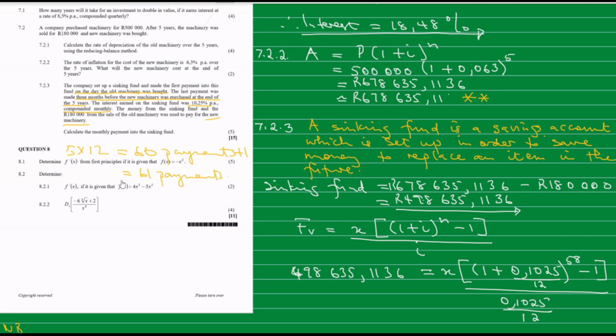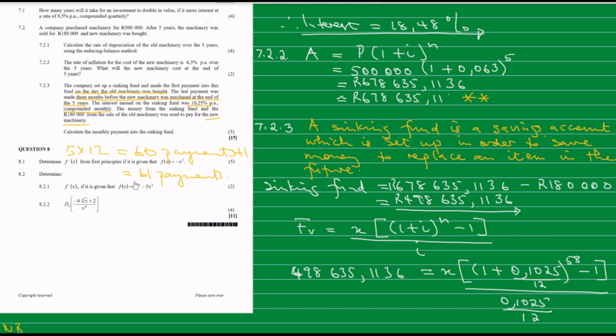Now, when you read further here, it says that the last payment was made 3 months before the new machinery was purchased at the end of the 5 years. So that statement means that in 5 years we could have made 61 payments, but we didn't make 61 payments.